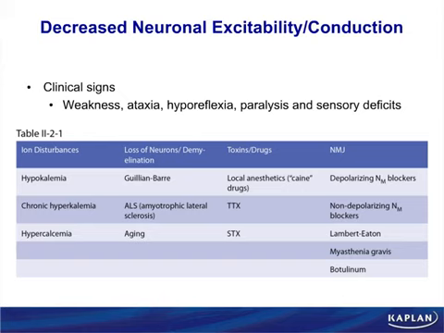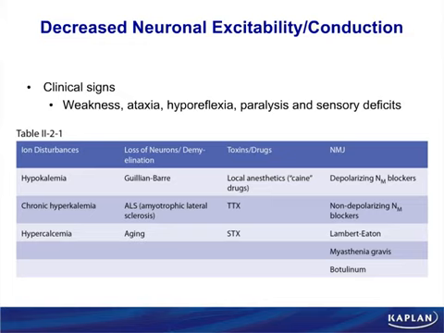Okay, let's do a quick little recap of things that we discussed. Let's talk about the idea of if we get a clinical vignette and they give us clinical signs like weakness, ataxia, hyporeflexia, or we got a little sensory deficit or paralysis. All of this suggesting decreased neuronal excitability or neuronal conduction.